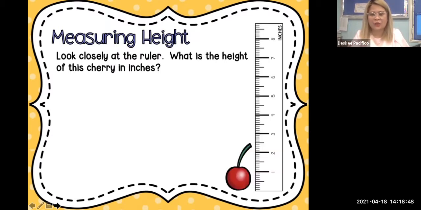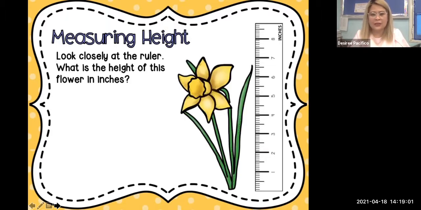We have a cherry. What is the height of this cherry in inches? It's 2.5 inches. Now here is the flower. What is the height of this flower in inches? It's 7 inches.